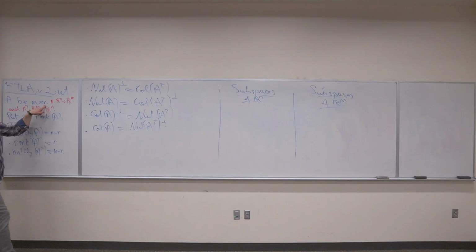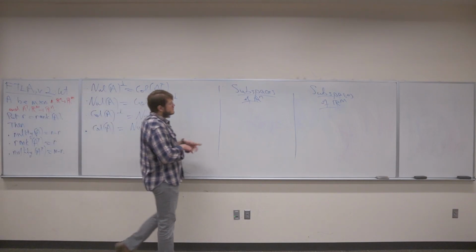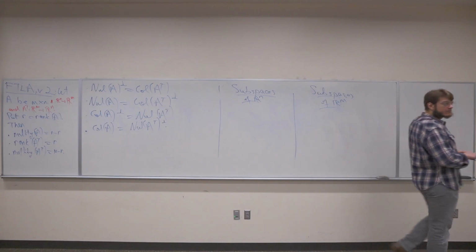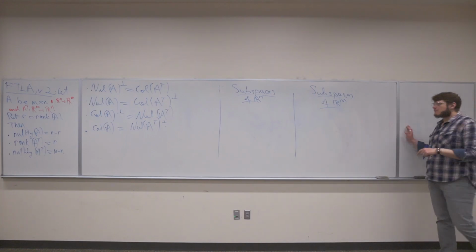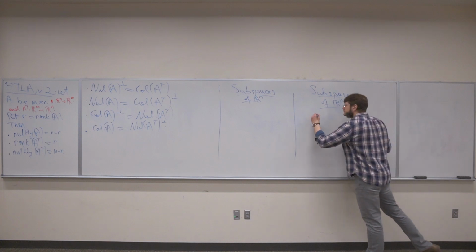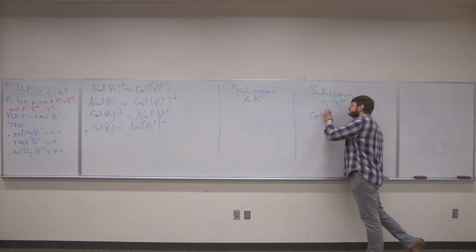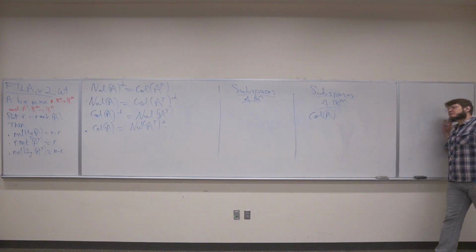Column space is always going to be a subspace of your output dimension, so this would be Rm for the column space. Okay. How about the null space of A?